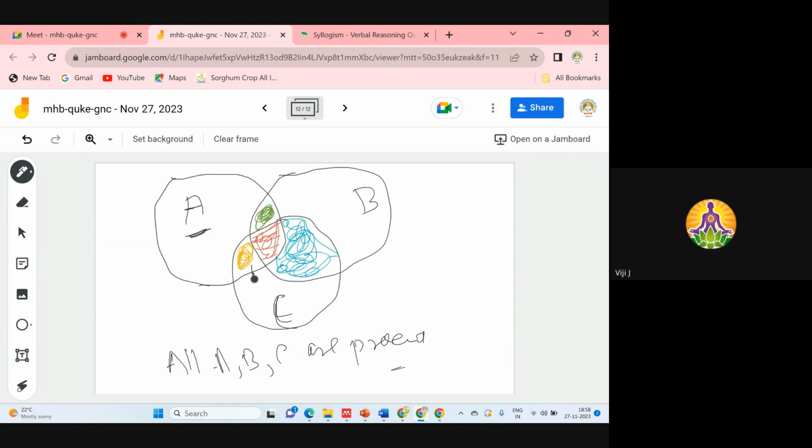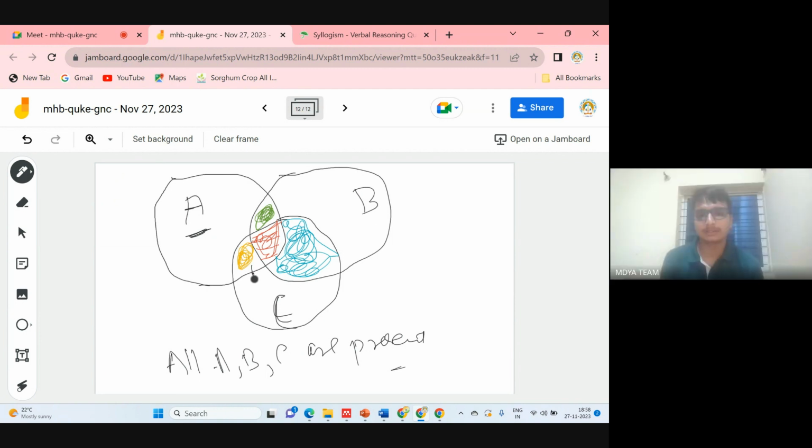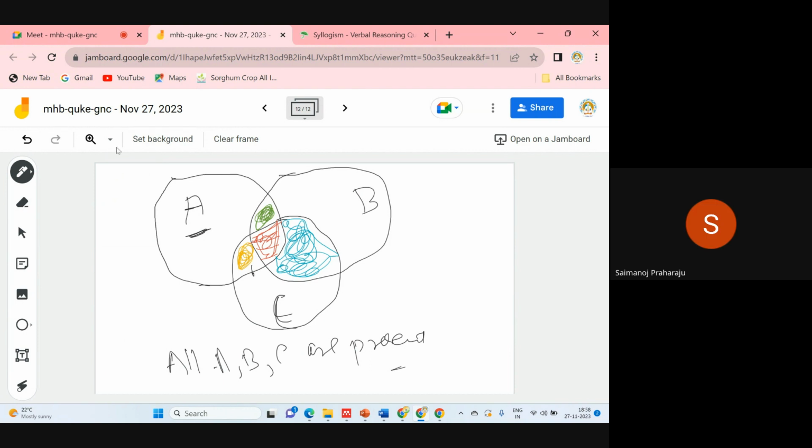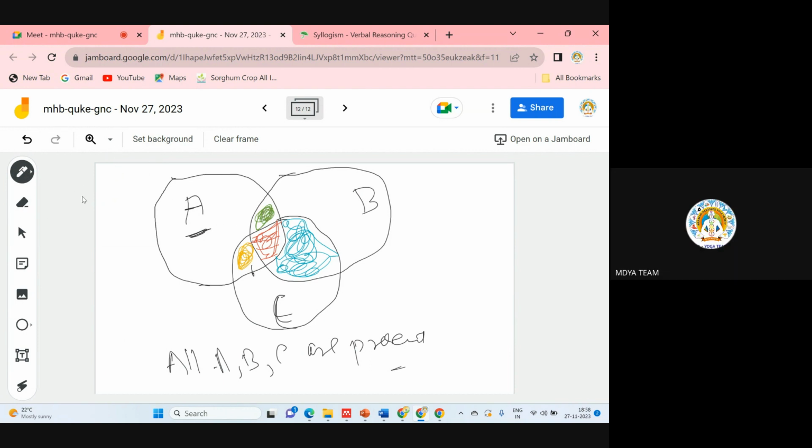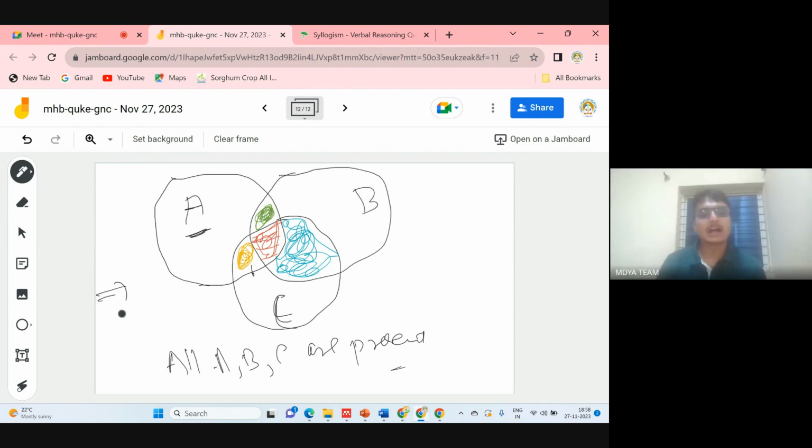A and C, not B. Very good. Green part? A and B, not C. So this is how you can go about a Venn diagram. First you need to know how to make a Venn diagram, then you need to know how to read a Venn diagram.